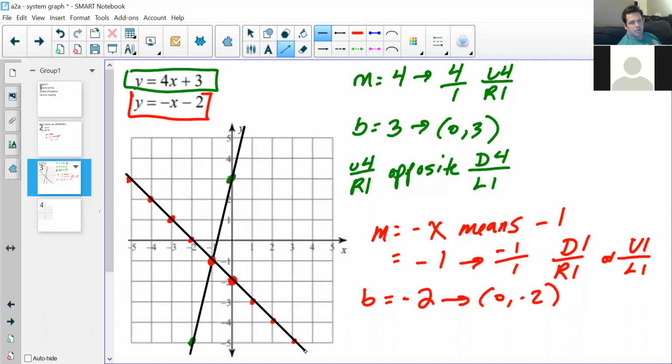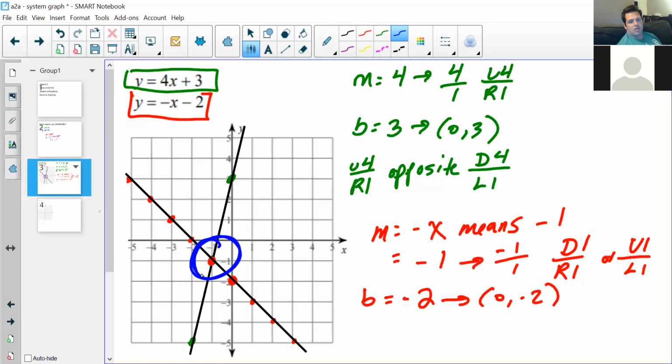Now, when we have a system of equations, and especially when it comes to graphing, anytime we graph the lines and they cross at one location, that means we're going to have one solution here. We'll see some parallel lines with no solutions. We'll see some overlapping lines with an infinite amount of solutions. But in this particular case, we only have one solution because there's only one location where our graphs are crossing, and it's right there.